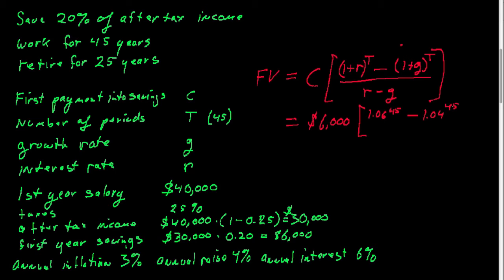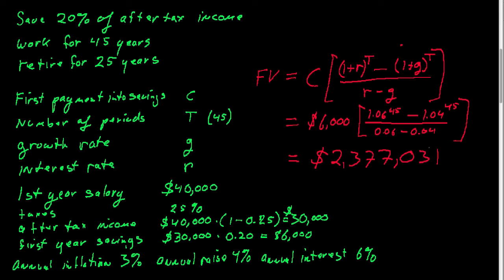And all of that divided by 6% minus 4%. That works out to $2,377,031. Looking pretty good. How much income will that get you in retirement?